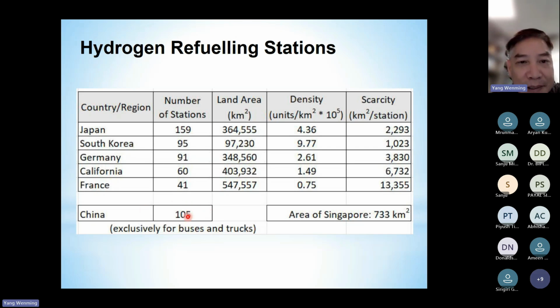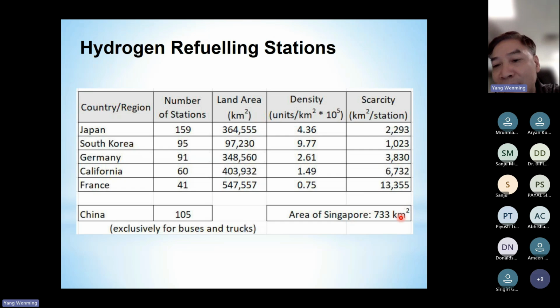China is even less dense, because there are only 105 charging stations, but we know the area of China is much bigger than these countries, correct? Then we compare with Singapore.